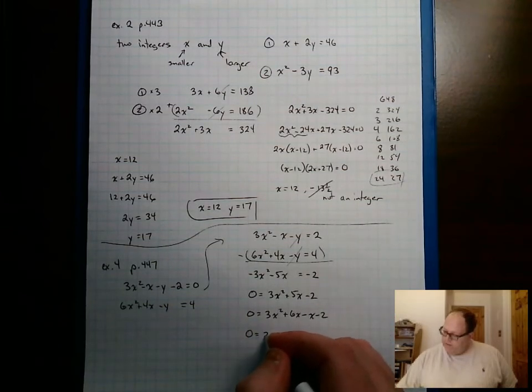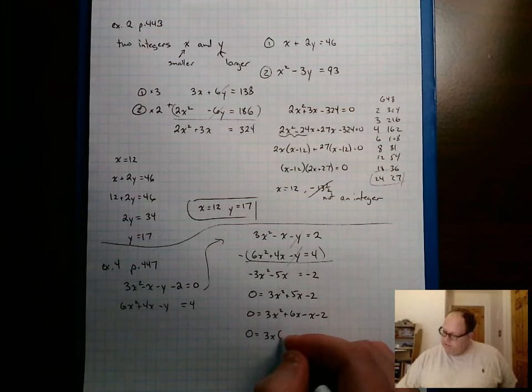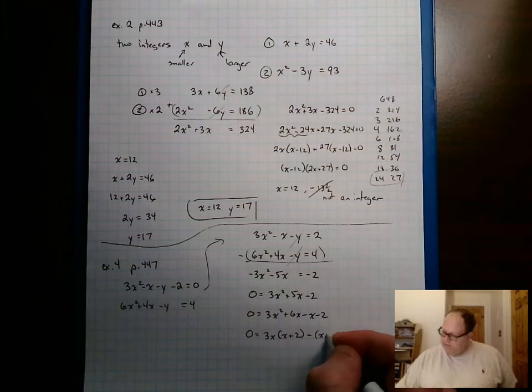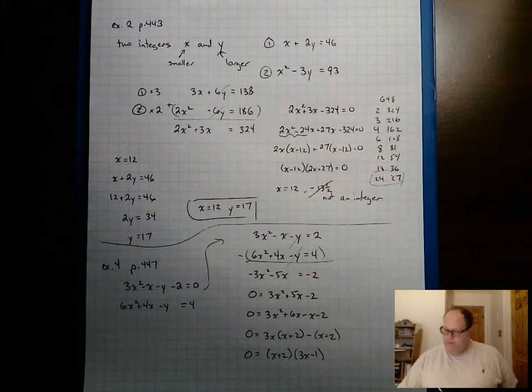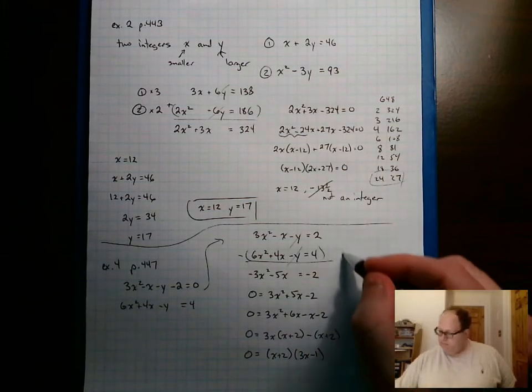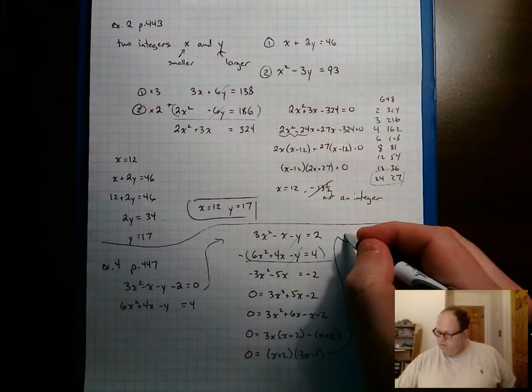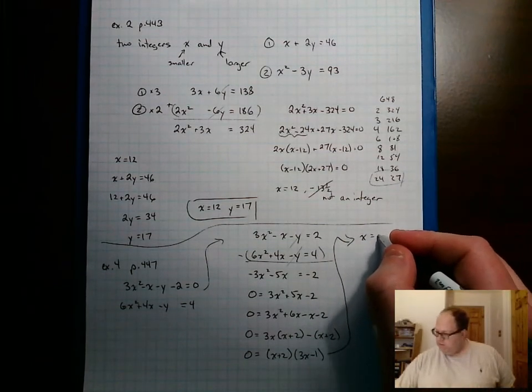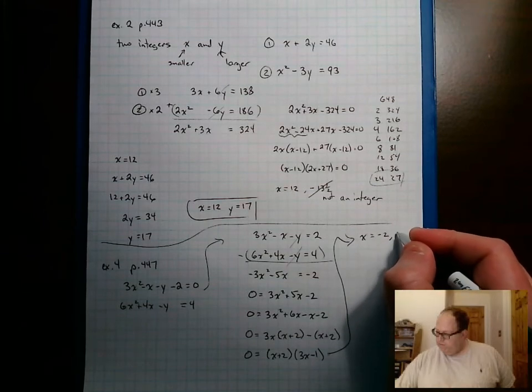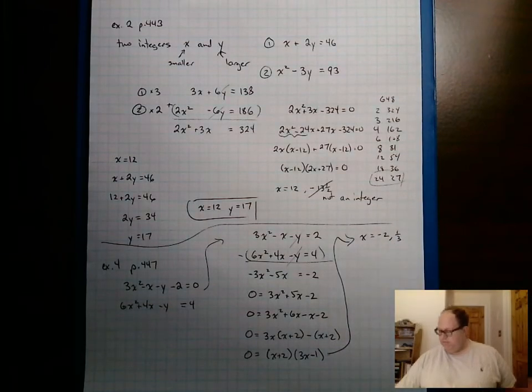I can factor a 3x out of the first two terms and a negative out of the next two, which leaves me with factors of x plus 2 and 3x minus 1. So from there, x has to equal negative 2, or 1/3, obtained by setting both factors equal to 0.